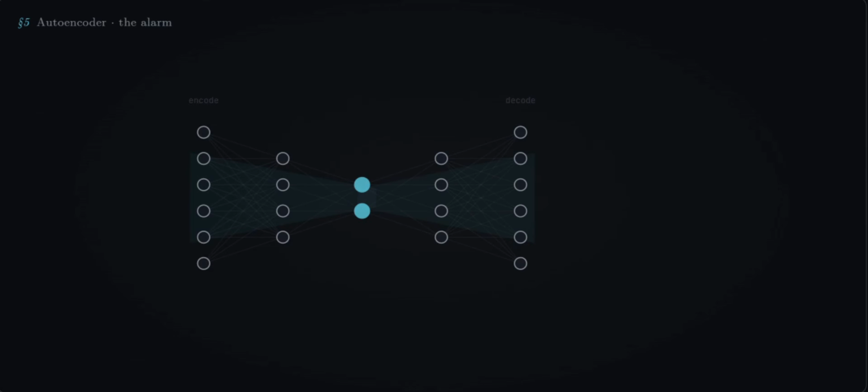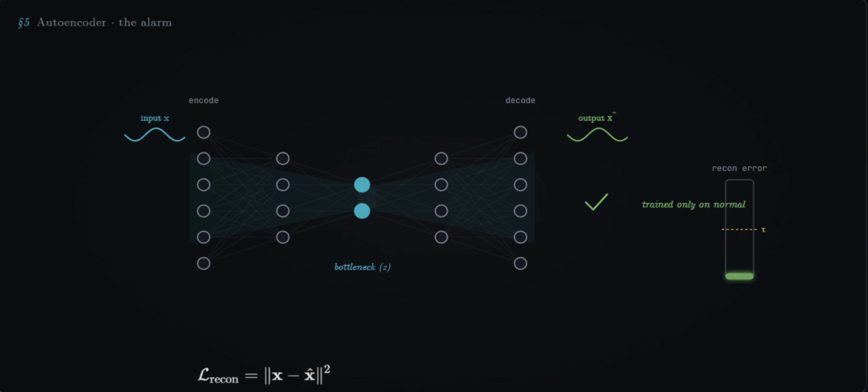One more, and it is a quietly beautiful idea. You want to catch the moment something goes wrong, but faults are rare. It's hard to catch. That's the whole point of a fault. You have almost no examples of wrong in this scenario.